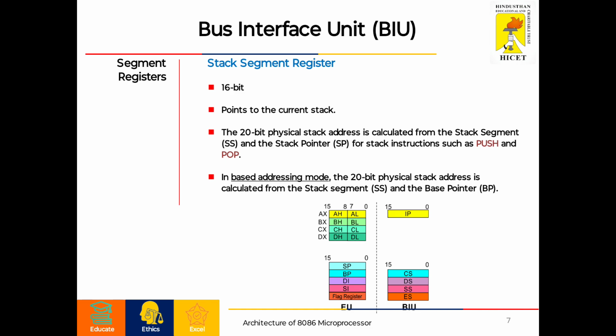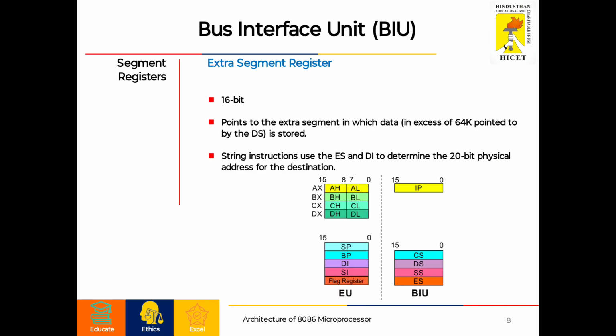If the push instruction is executed, the content of the stack pointer is automatically decremented by 2. When the pop instruction is executed, the content of the stack pointer is automatically incremented by 2. The next is the extra segment register. Here it uses the extra segment or destination index register for calculation of the 20-bit physical address.